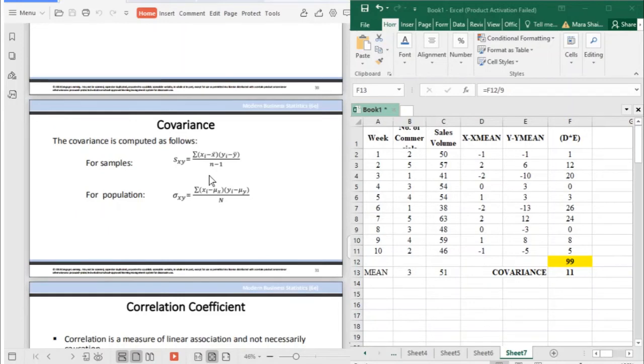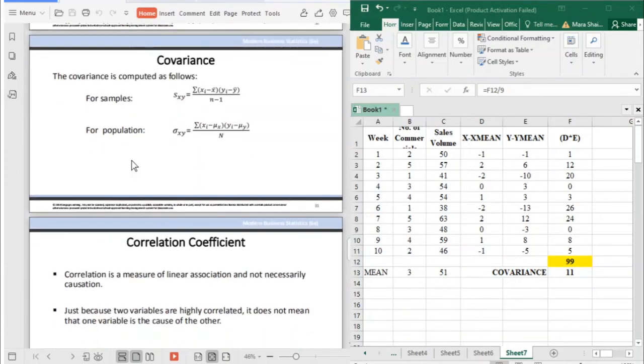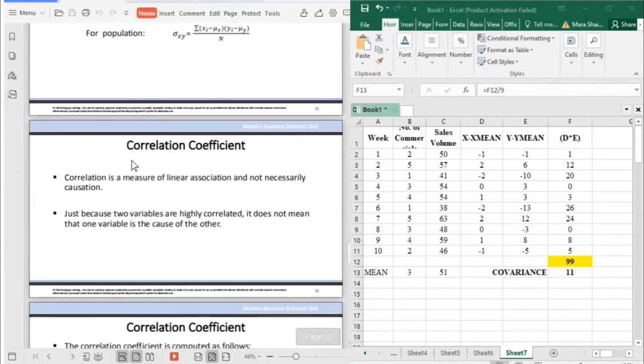So that's it. Next, we need to move on to the correlation effect. Now, correlation is a measure of linear association and not necessarily causation, meaning there is no cause and effect, right?